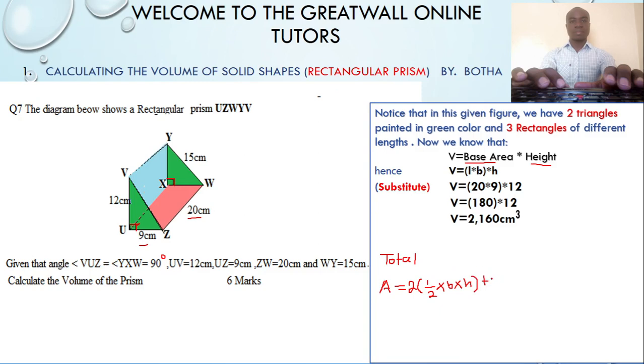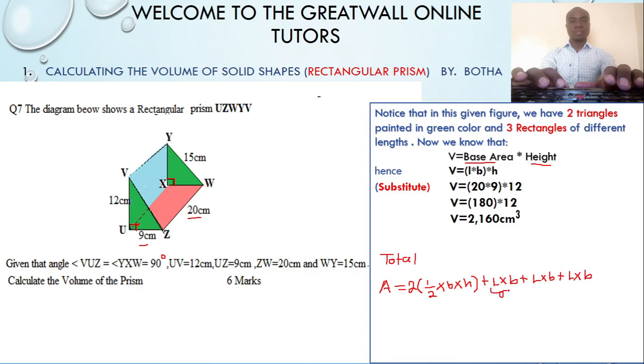So the first one, we are going to have L times B, representing whichever of these 3 rectangles. Again, plus another one, L times B, representing the second rectangle, plus another one, L times B, representing another area of the rectangle.